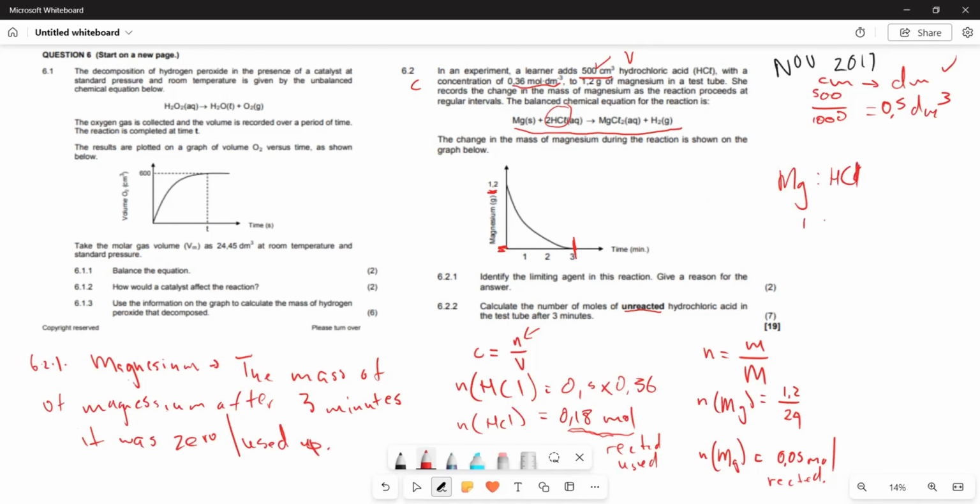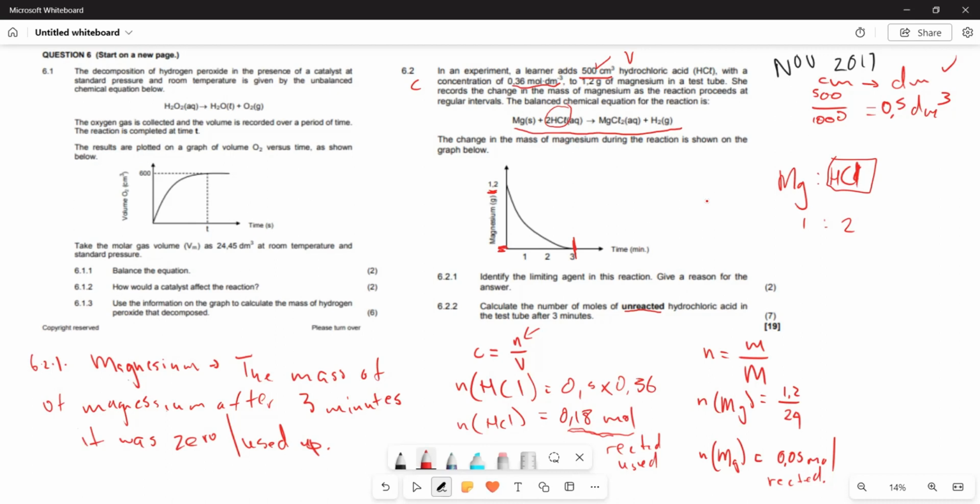The ratio is 1:2 because that's what we are given. And we say, what is therefore going to be the mole of your HCl used now, the one that reacted?